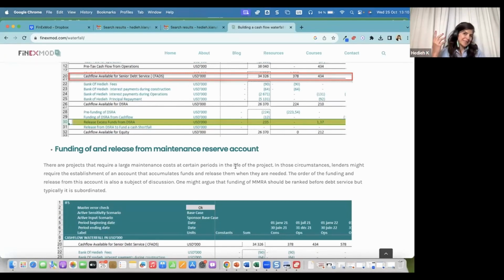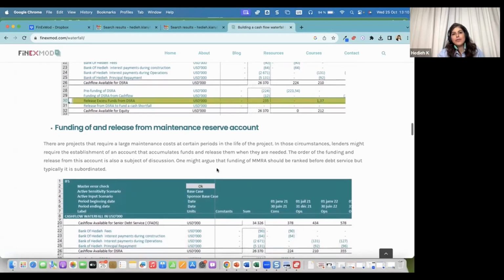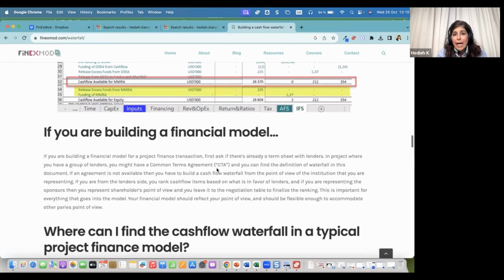But anyway, that's what lenders require for the maintenance reserve account. Maybe you had a different experience and you can share, but what I have seen is that it is subordinated to debt service reserve accounts. And yes, so that's the main things that I wanted to cover.